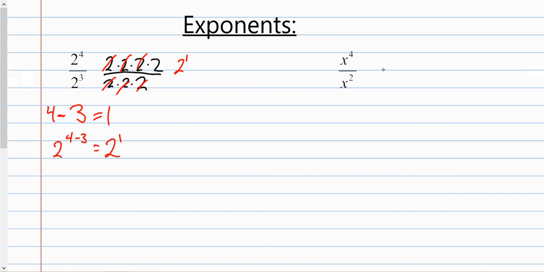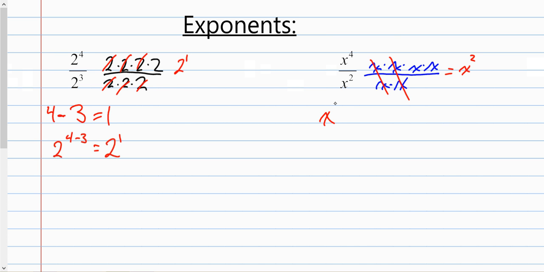Similarly, with variables instead of with numbers, I could write x times x times x times x over x times x. And then, once again, lovely fraction rules tell me I can cancel those two and those two, leaving me with an x squared on top.